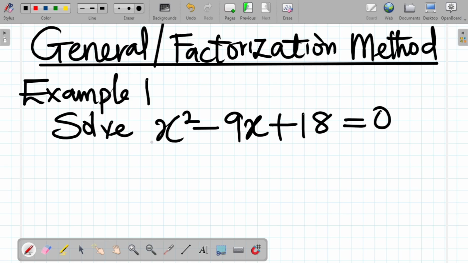Now, the 2 numbers here are negative 6 and negative 3. If you add negative 6 to negative 3, it will give you negative 9. And then if you multiply negative 6 and negative 3, it will give you positive 18.